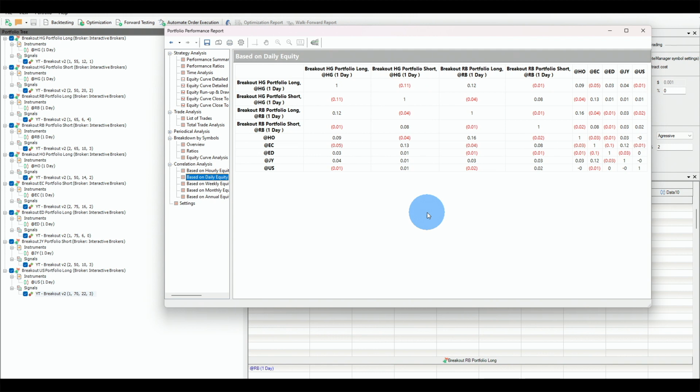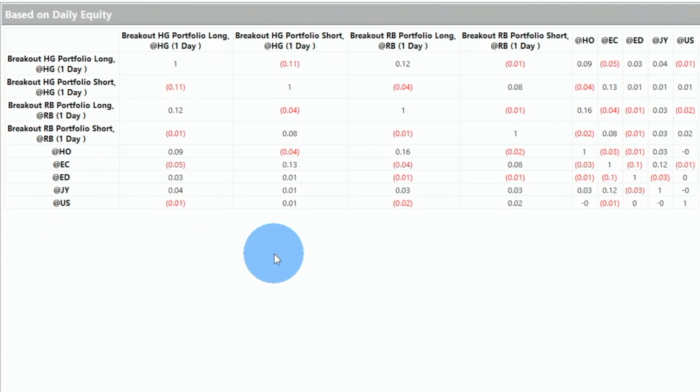This is the most important part of the portfolio. This is the daily equity correlation analysis. That means we are looking at the daily returns of each strategy, and we are seeing how correlated it is with the others. Of course, I built it, I selected the strategies on purpose to show this, because this is what you're aiming for.